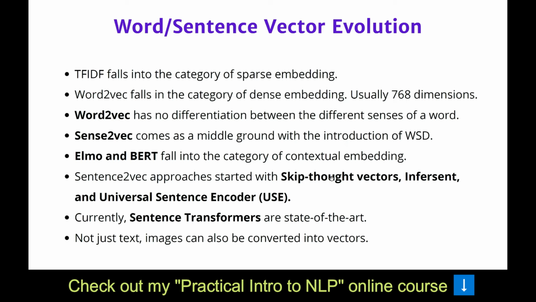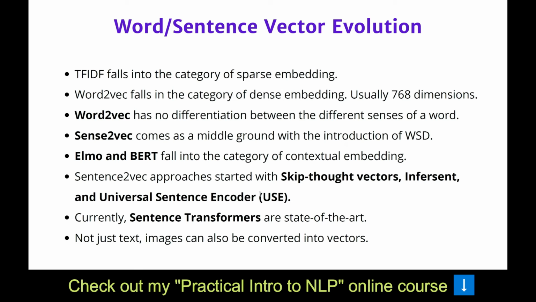And most of these algorithms used RNNs, recurrent neural networks like LSTMs and GRUs, in order to generate these sentence embeddings. Of course, Universal Sentence Encoder had a variation which used transformers, which is the advanced algorithm that captures relationships among different words in order to get an embedding for a given word.